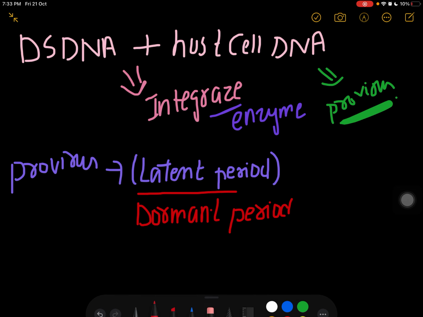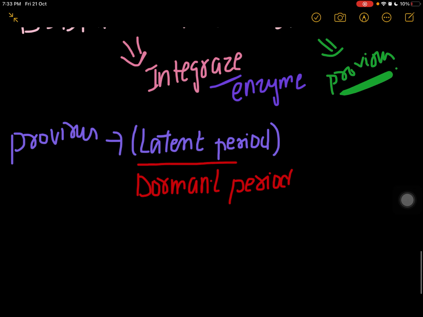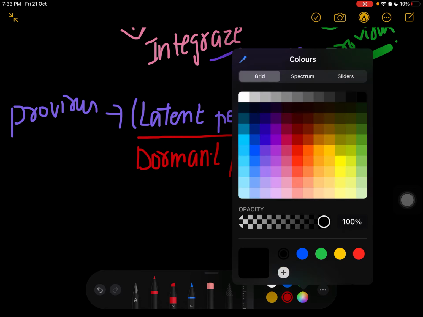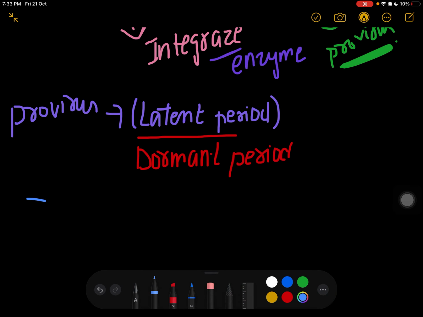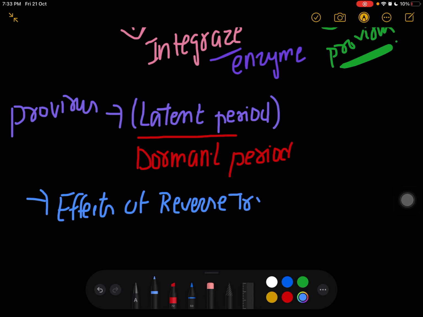Why is it going into the dormant period? Because research is still going on, that maybe because of the effects of reverse transcription, the provirus is going into the latent or dormant period.